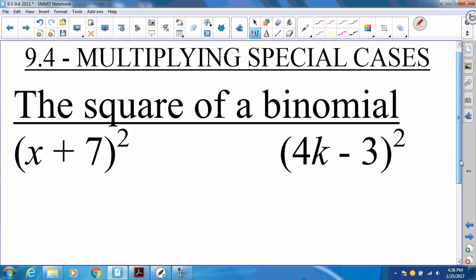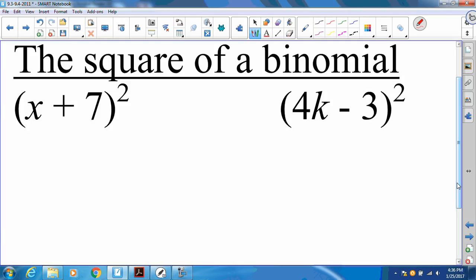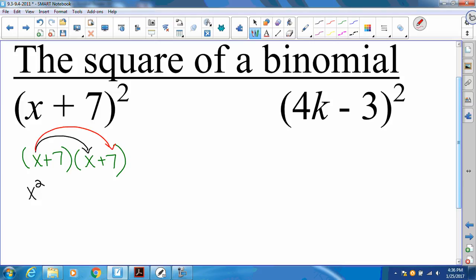Now, we're going to look at some special cases in 9.4, but the concept is the same. So on this first one, we have x plus 7 squared, which just means you're taking x plus 7 times x plus 7, and then you're going to do FOIL. So my first, x times x, is x squared. My outside, x times 7, is 7x.